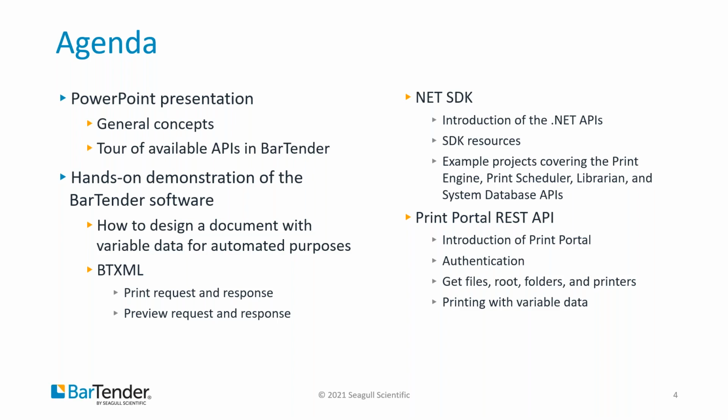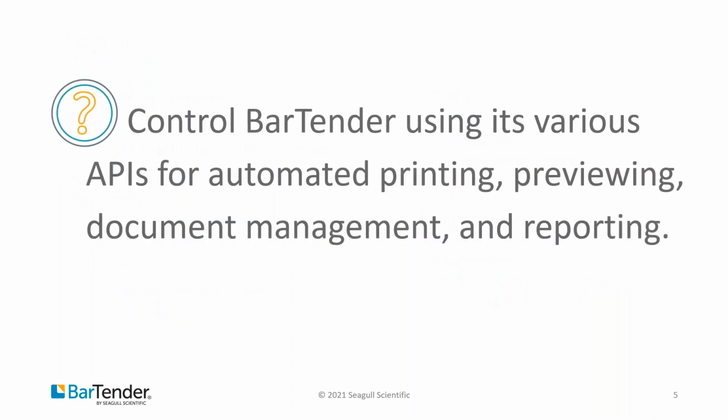This is the newest, most recent addition to our various APIs available in BarTender, and it's exposed by the Print Portal web application, making BarTender essentially available through a web API. So this is all about control of BarTender using its various APIs for automated printing, previewing, document management, and reporting.